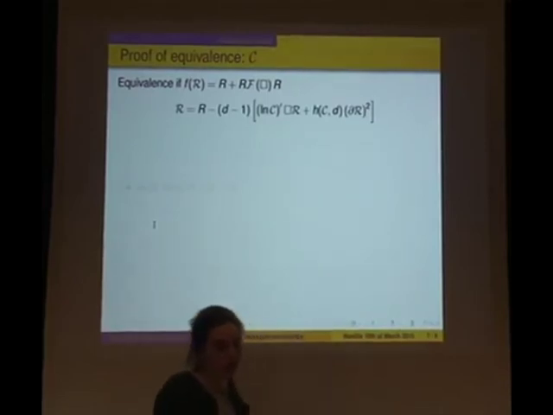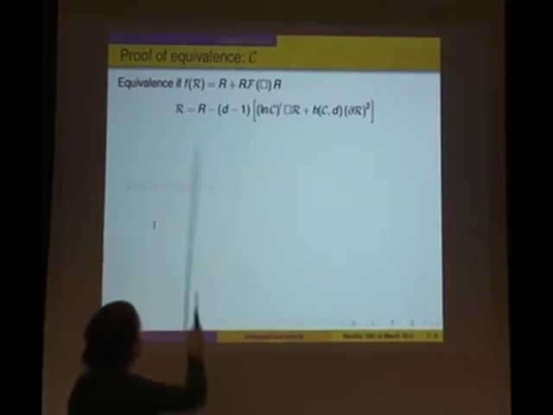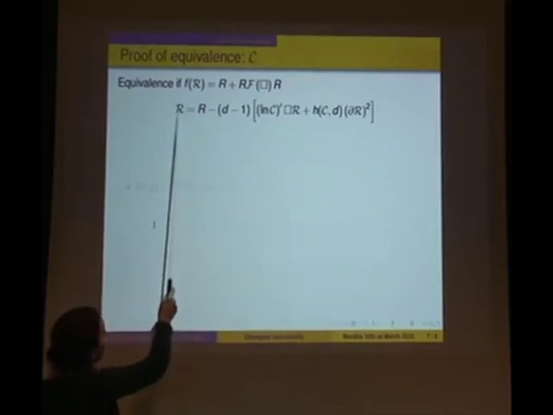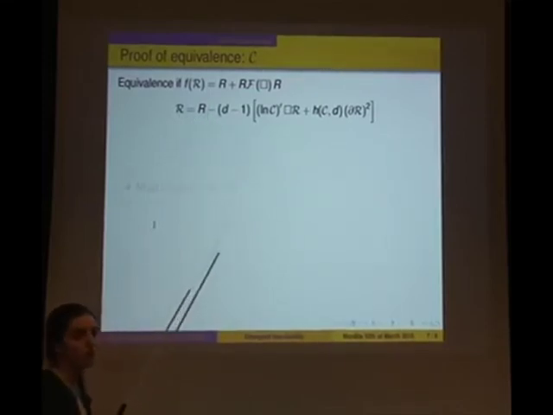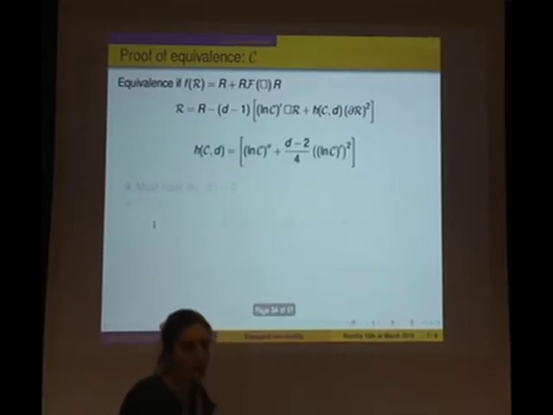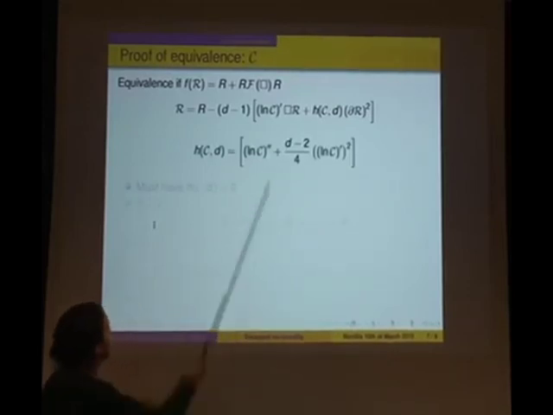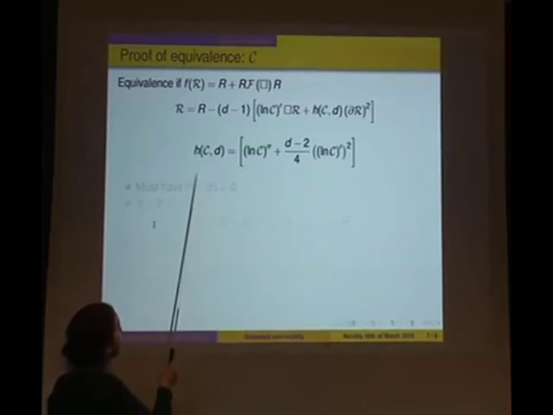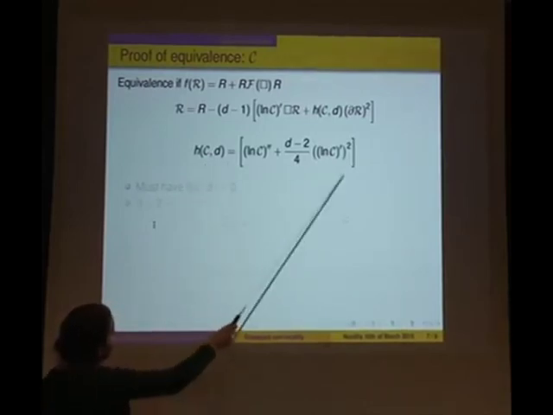And so we look again at this R in terms of twiddly R, in terms of the matter R, and C and its derivatives, and we can rewrite it this way, where now this h of C, with D the dimension of the space, is given in this way.